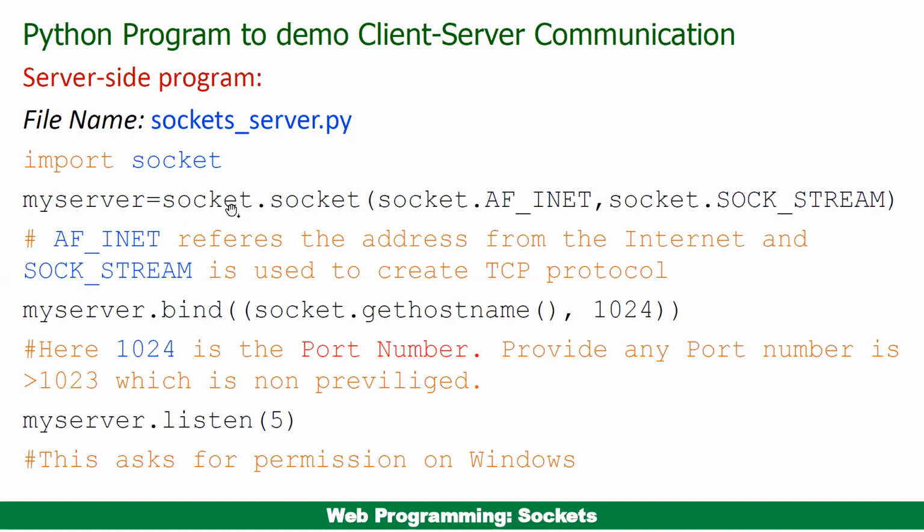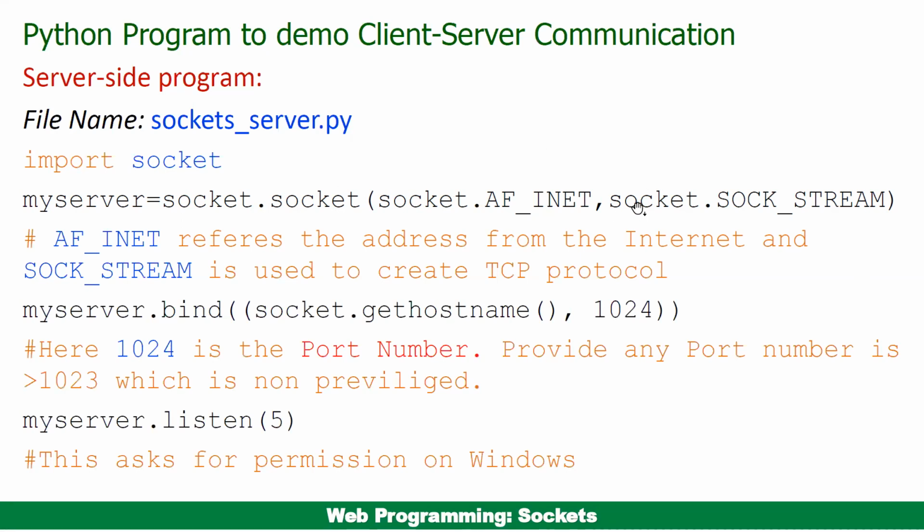myserver = socket.socket(), what does it contain? It contains socket family and socket type. The socket family is socket.AF_INET. Its type, here there are two types, datagram and stream: connection-oriented and connectionless. First, for connection-oriented, socket.SOCK_STREAM.